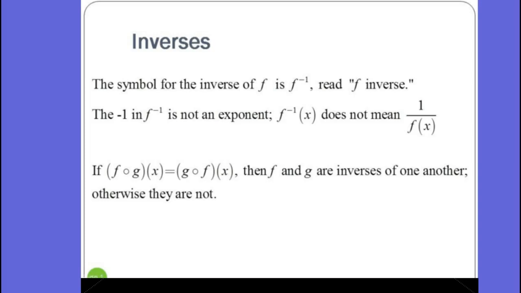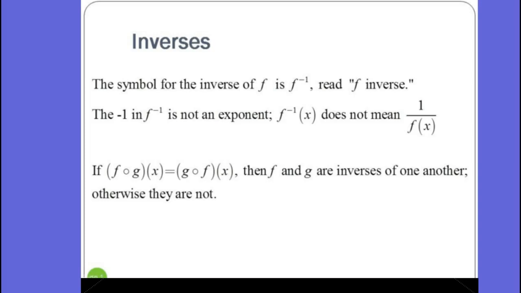Okay, the next is simply just notation. The symbol for the inverse of f is f raised to the negative 1. Again, we don't call it f of negative 1, we call it f inverse. I'm not sure what unintelligent mathematician made it that, because all it does is confuse you and make you want to write it as 1 over f of x, which is not the same thing.